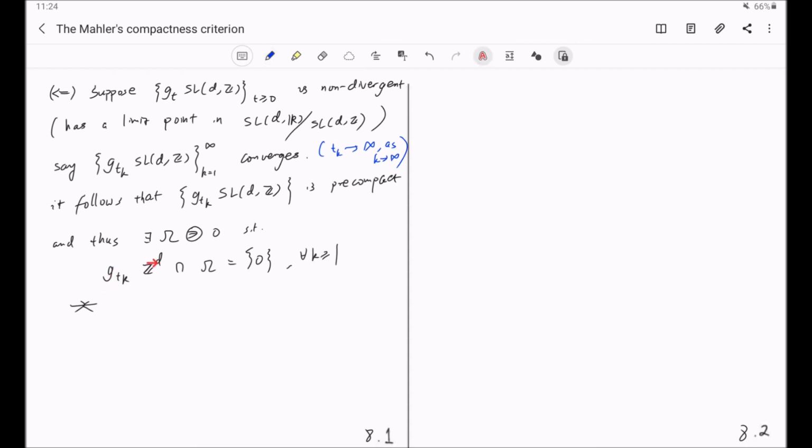So g_{t_k} Z^d intersection omega is trivial for any k greater or equal to 1, and this t_k will go to infinity.